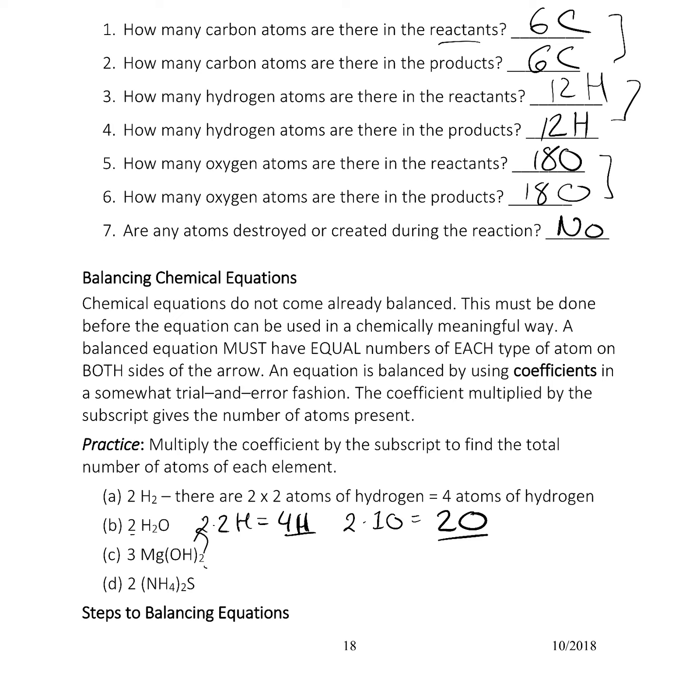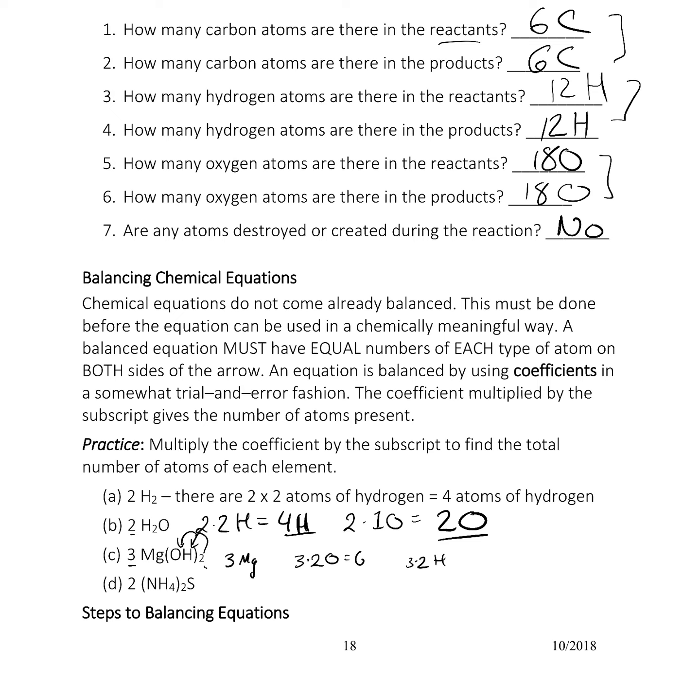So the 2 is multiplied by each of the elements inside the brackets. That means that there are 2 oxygens and 2 hydrogens, and there's only 1 magnesium, but then the 3 has to be multiplied by all of them. So 3 times, and 3 times. So notice how the 3 affects all of the numbers, but the subscripts only affect the one element.